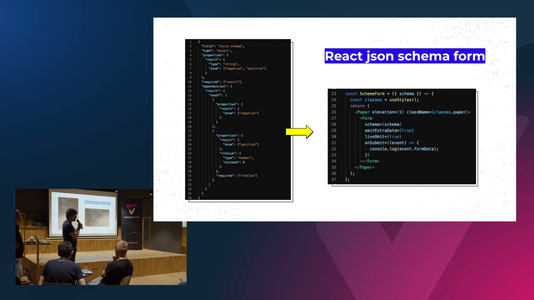And how to use this? On the right side, you can see that you have a form component in React, which is supplied by React JSON Schema Form, and you just use it. You just provide it with the schema that is written somewhere. You either take it out from the database, or it doesn't matter for the library itself.